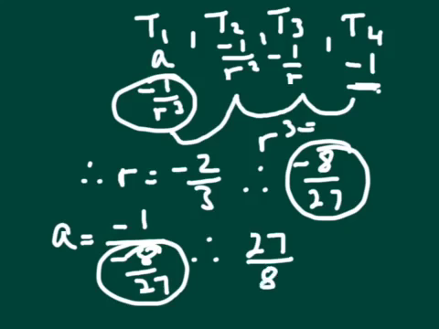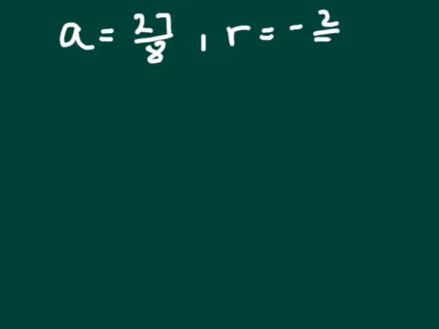Now that will enable us to find the rule for the sequence, because we've got a, we've got r, and we can simply substitute those values in to find the rule for the sequence. So what we have is that a equals 27 on 8, and r equals -2/3, and because we're finding a rule for a geometric sequence, it must follow that pattern.